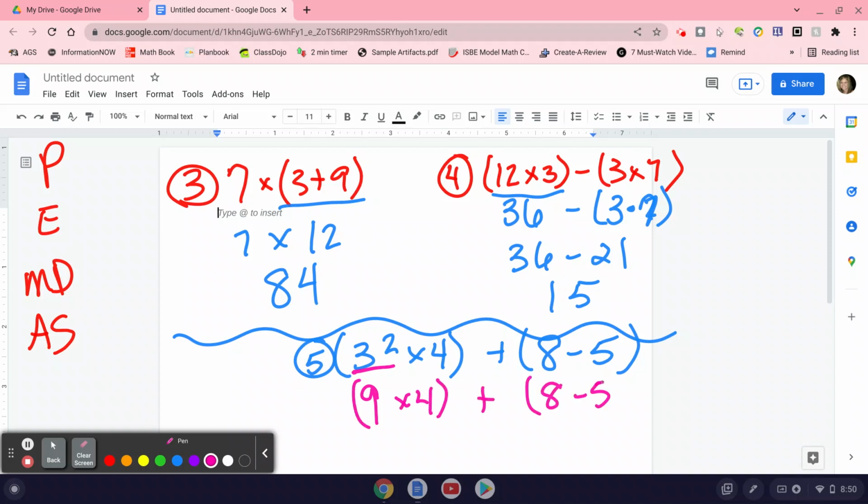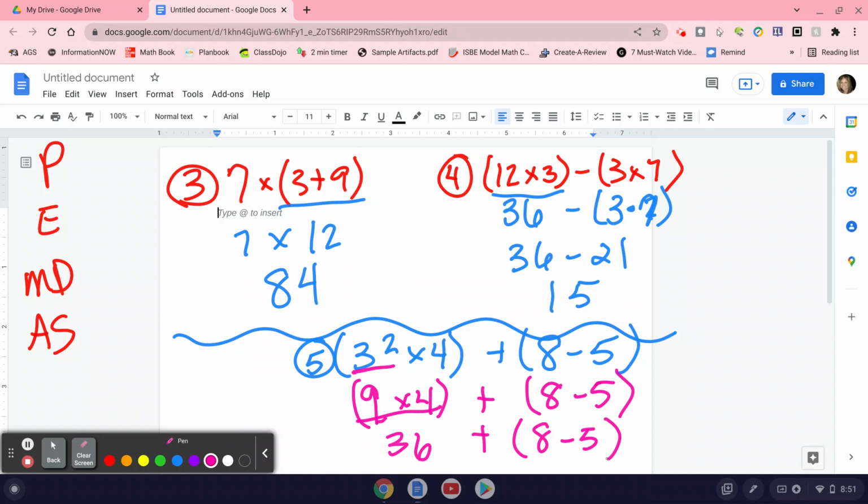Mine will catch up in a second. You take 9 times 4. Okay, what is 9 times 4? 36. So I'm going to underline 9 times 4. Okay, after that, a little lag here. I have 36 plus the quantity 8 minus 5. Lori?